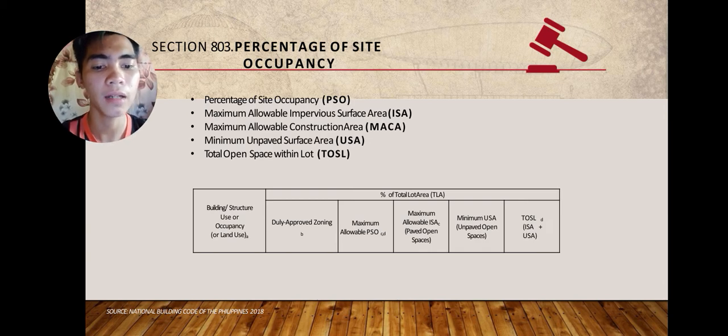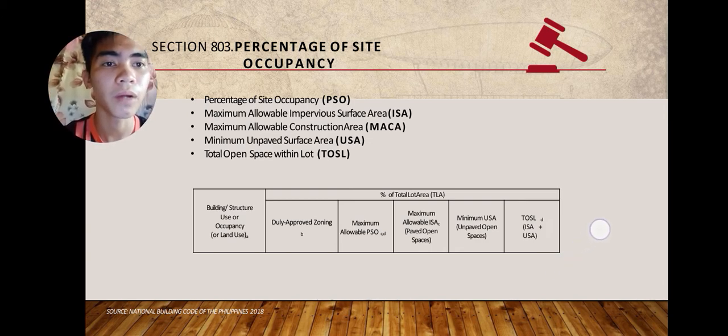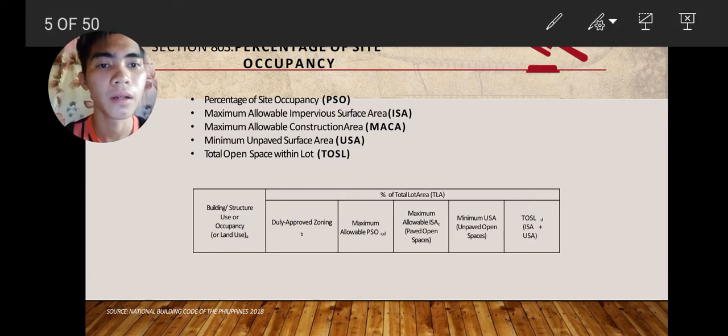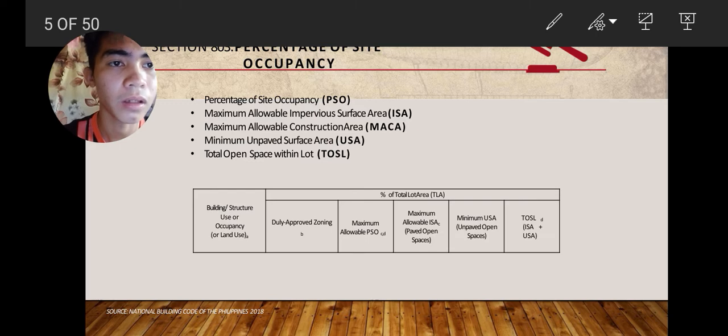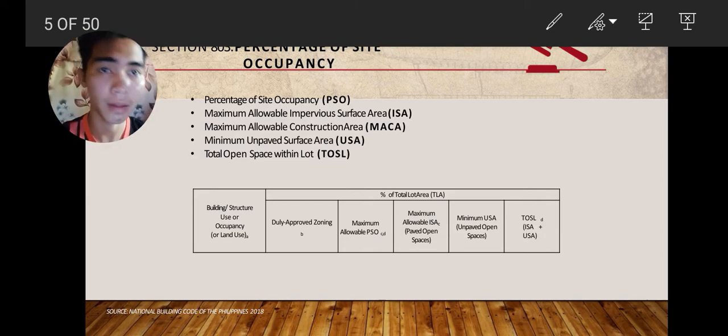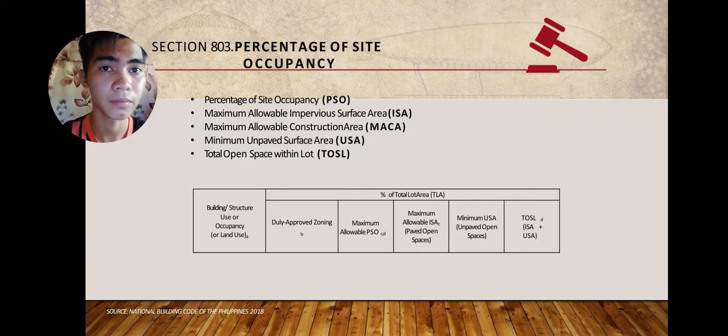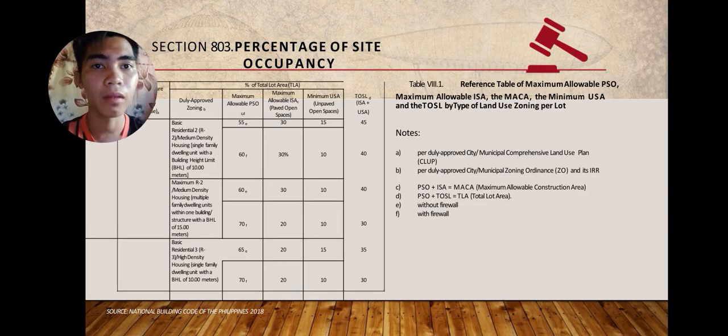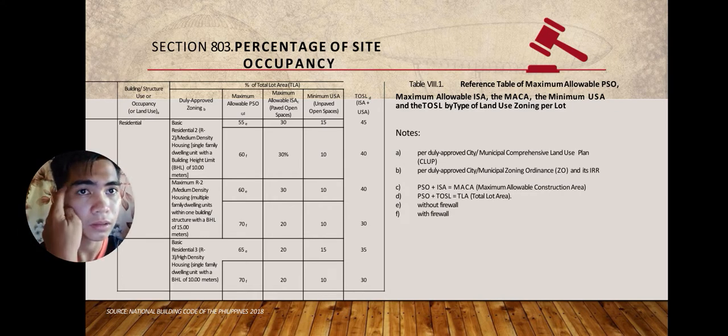This is also how it is determined: building structure use or occupancy, land use, then percentage of total lot area or TLA. This is the basis for the percentage of site occupancy.